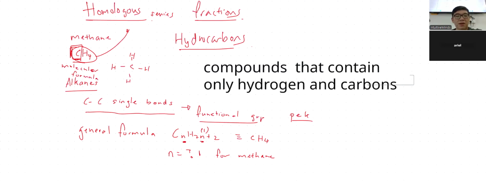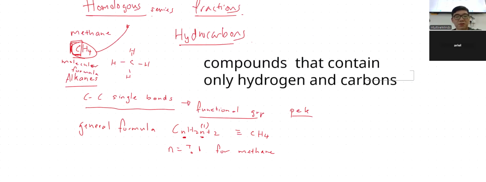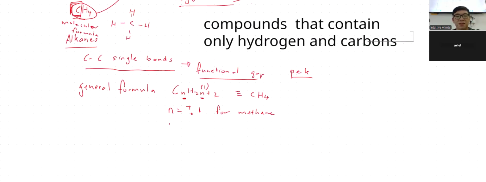What happens if you sub n equals 2? What will you get when you put it into the formula? A different alkane. So you get what? C2H4? Are you sure? Check again.